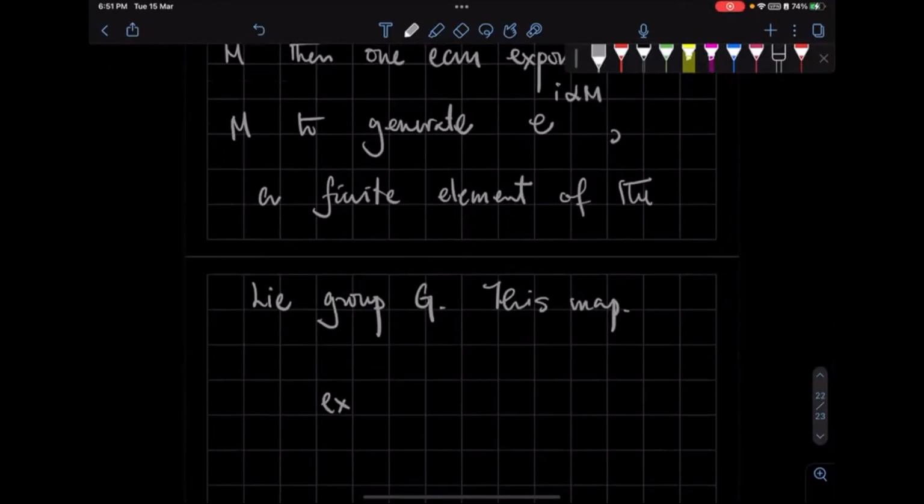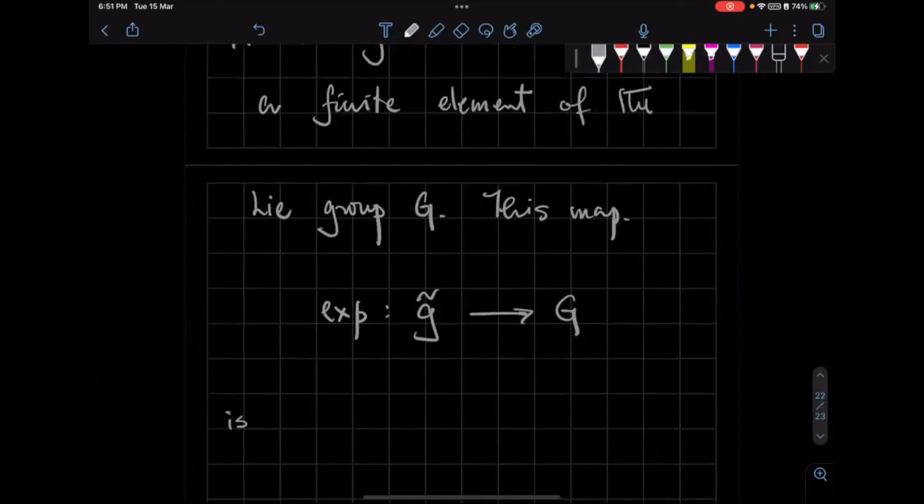So this map, which is a map from the Lie algebra to the group, is called the exponential map. And this map depends on M, right? It's called the exponential map.